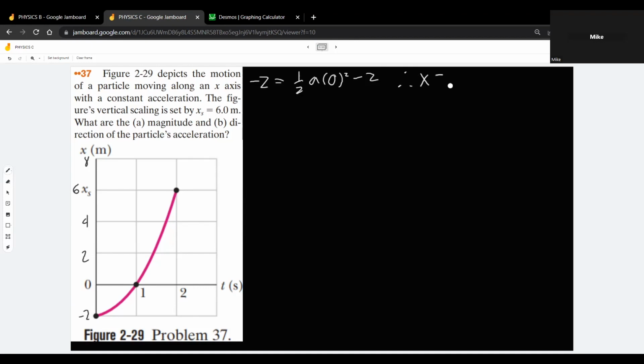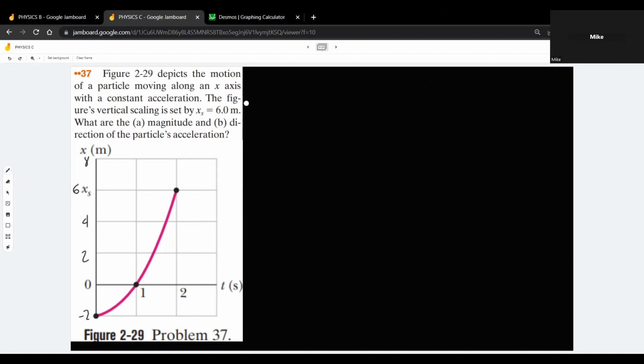Teka, nabasa mo na ba yung general form ng constant acceleration on a line? X minus x0. Sige, pakita ko muna kasi para kung bakit, kasi too much work yan eh.